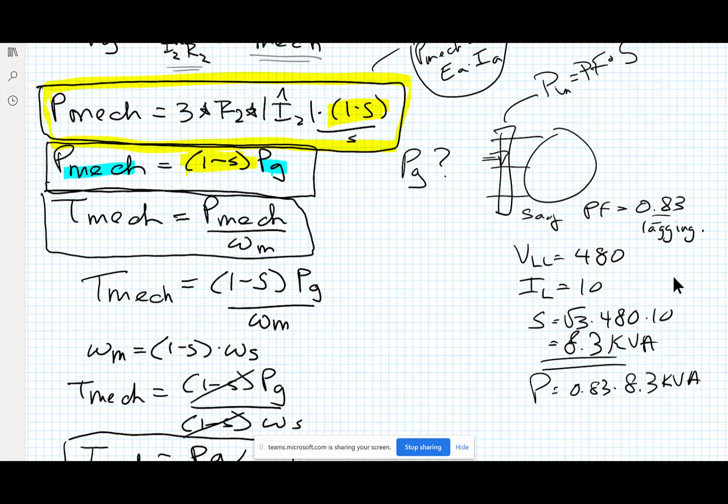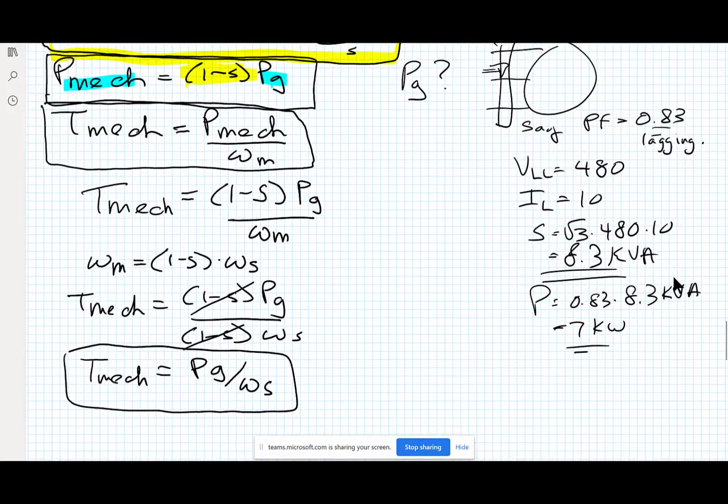I promise I just made these numbers up, so that was a pure coincidence. So that's 6.9. It's approximately 7 kilowatts going into the motor.